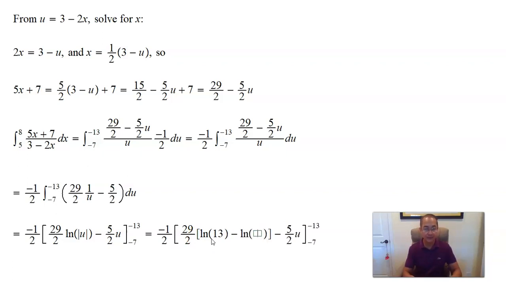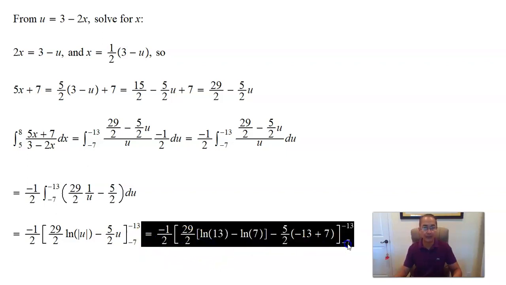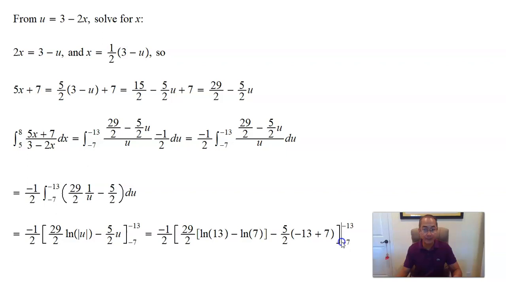Minus ln of 7. But for the u, we don't take absolute values. So it's minus 13 minus minus 7, plus 7. So something different for that term. And we're almost there. Oh, we already evaluated, so we can get rid of that.